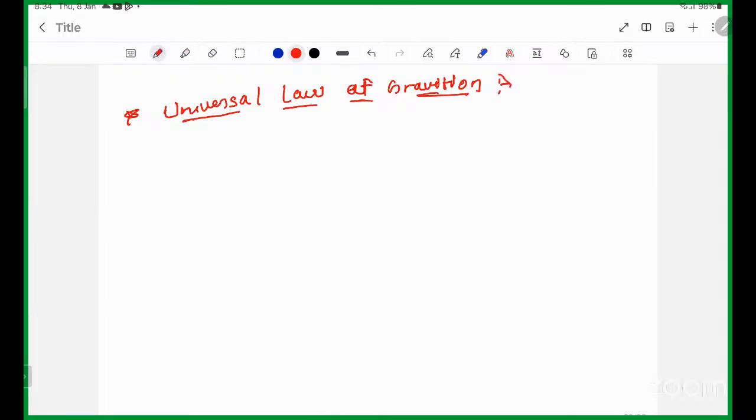Universal law of gravitation. In this, what we see usually is gravity, which we feel around in our solar system. The planets move in their own elliptical paths, rotating in their paths also. So there are some forces they exert on each other, so they are at their right position.